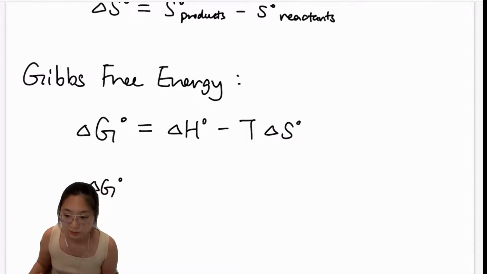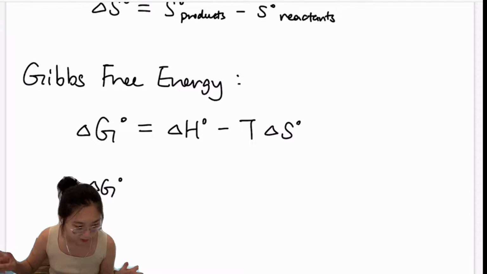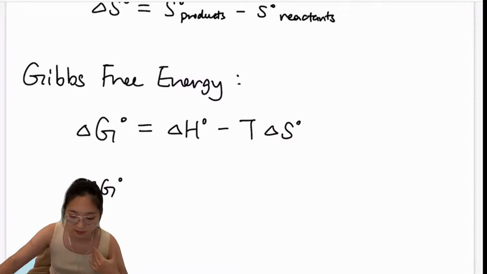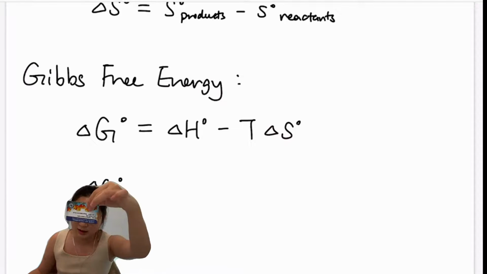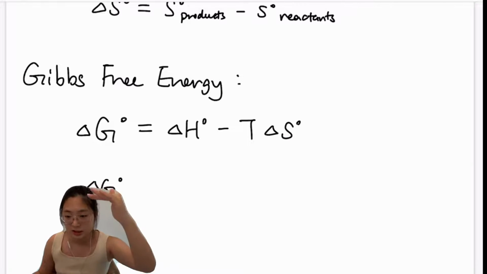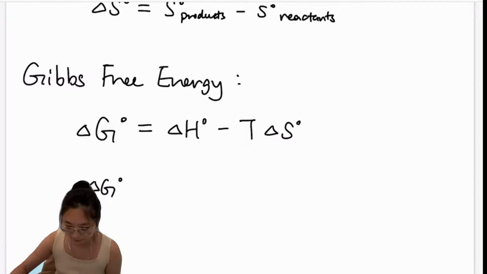spontaneity. When I talk about spontaneity, it means something that happens naturally without you having to put in a lot of energy. Let's say I'm going to release something, I'm just going to drop it. I don't have to do anything. I just release my fingers and it naturally goes from here to here, which means it dropping is a spontaneous process or a thermodynamically favorable process.